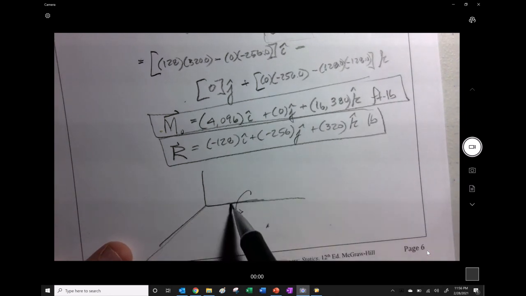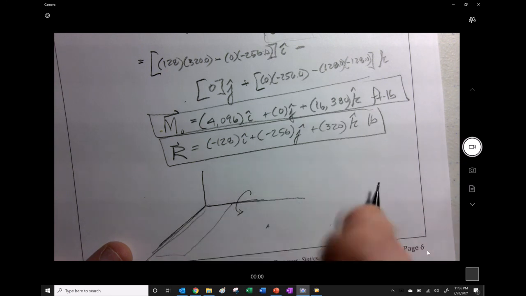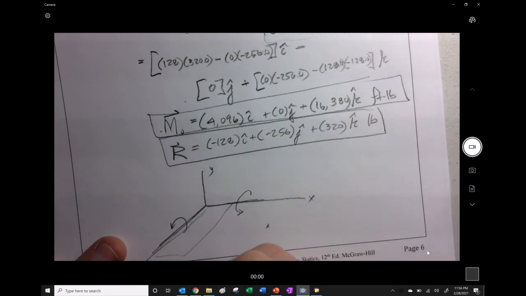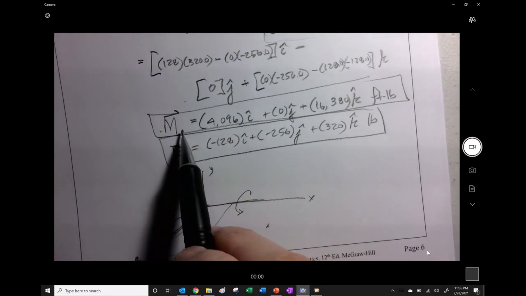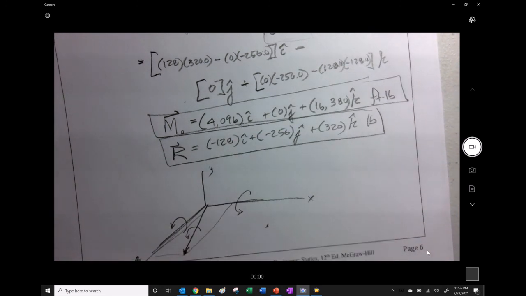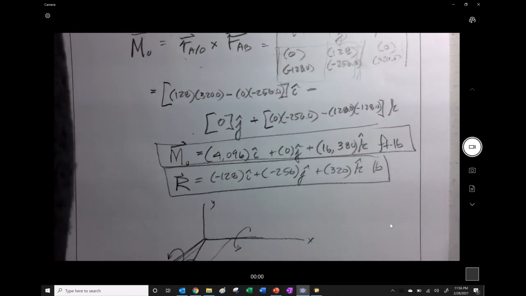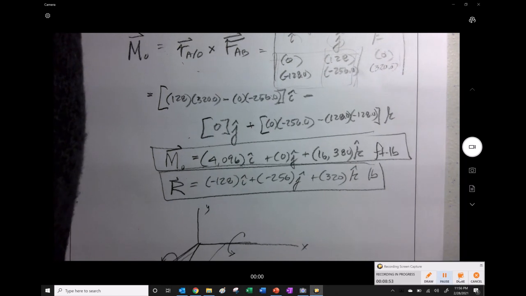It's like 4 times as much right there, and that's positive too, so it's going that way. And there's Y and X and Z. So it's really kind of coming in like a vector like that, and then you do the right-hand rule. This is really the twisting motion that's being applied by that equivalent moment right there. And so there you have it. Another one bites the dust.